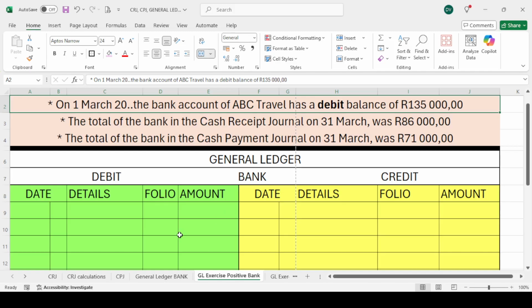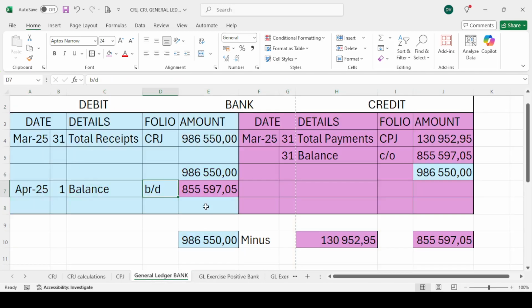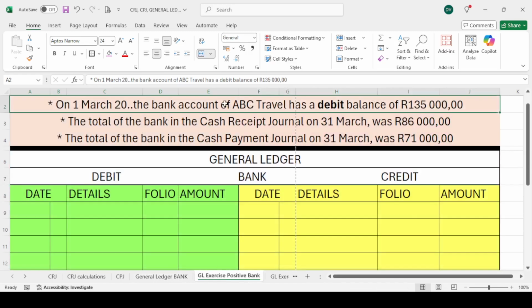So let me show you the one we did again. We worked out a balance here, right? That's the balance for the new month. So instead of showing you a general ledger with a balance that's been brought down, they're simply writing it in a sentence. They're saying to you, the balance was 135,000 Rand.